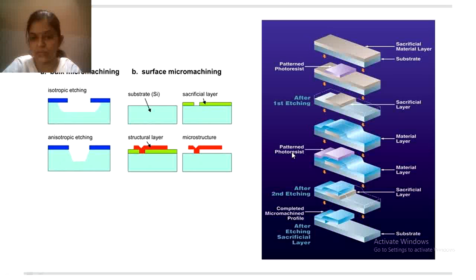Again whatever pattern we want, we place the photoresist pattern here. Then we etch in a second etching that will be removed, and then the completed micromachining profile looks like this. This is nothing but the microstructure formed after this fabrication process. Any type of structure we can form by using surface micromachining.